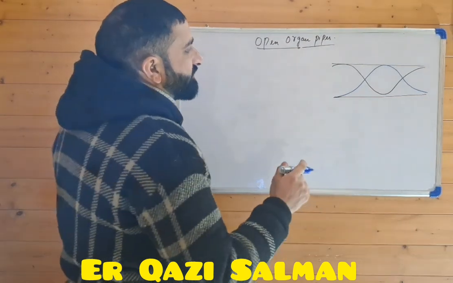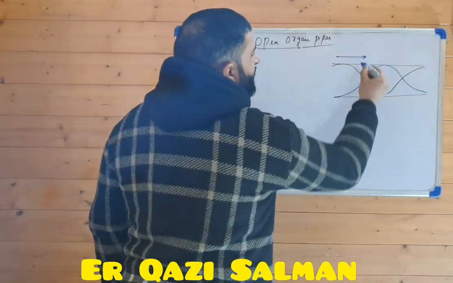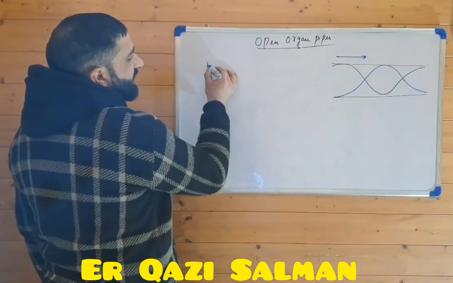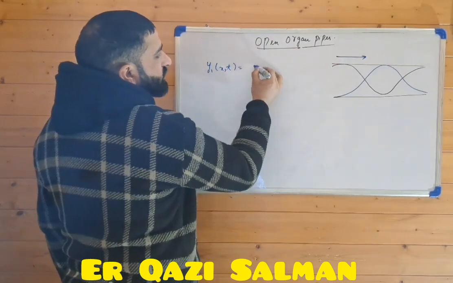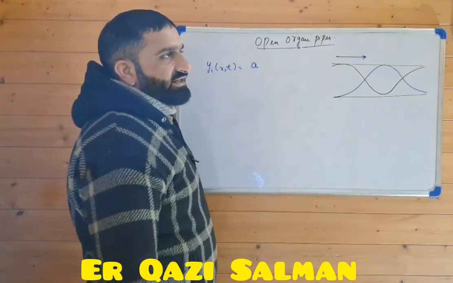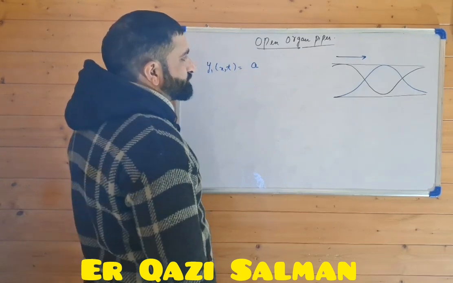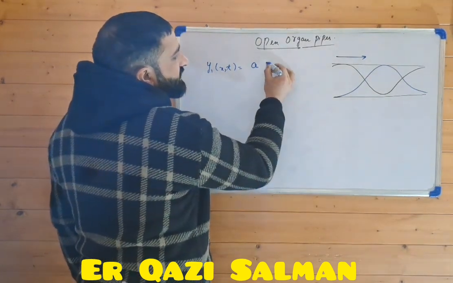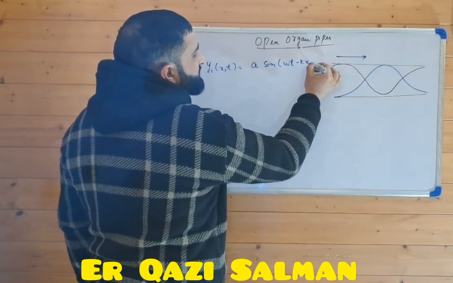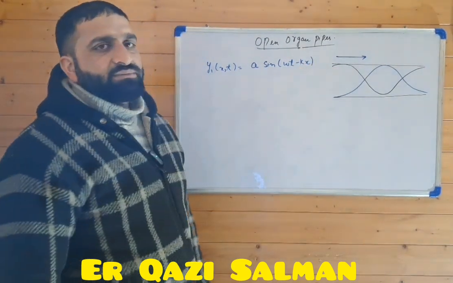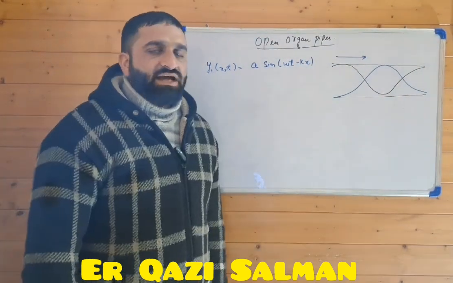Let us take a wave that is traveling in the positive x direction. Let that be y1(x,t), equal to a sine of omega t minus kx, where a is the amplitude. The minus sign is because it is traveling towards the positive x axis.